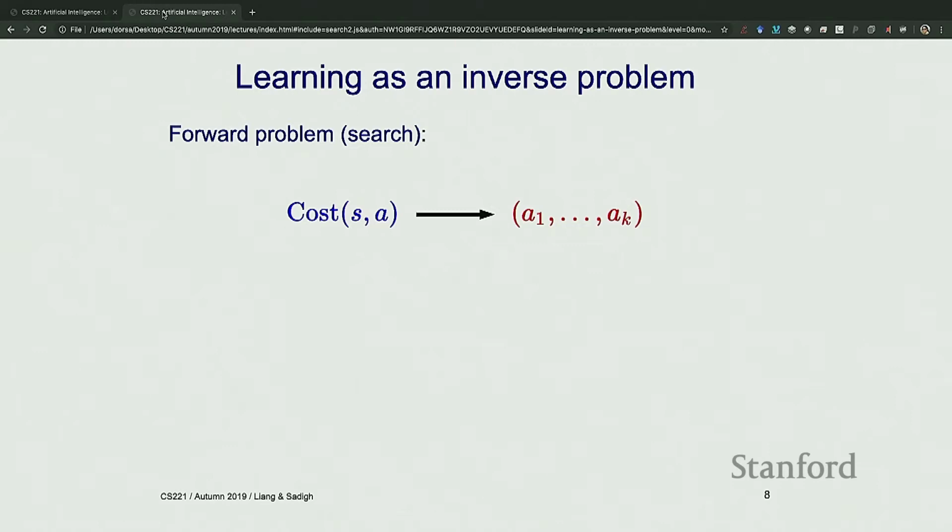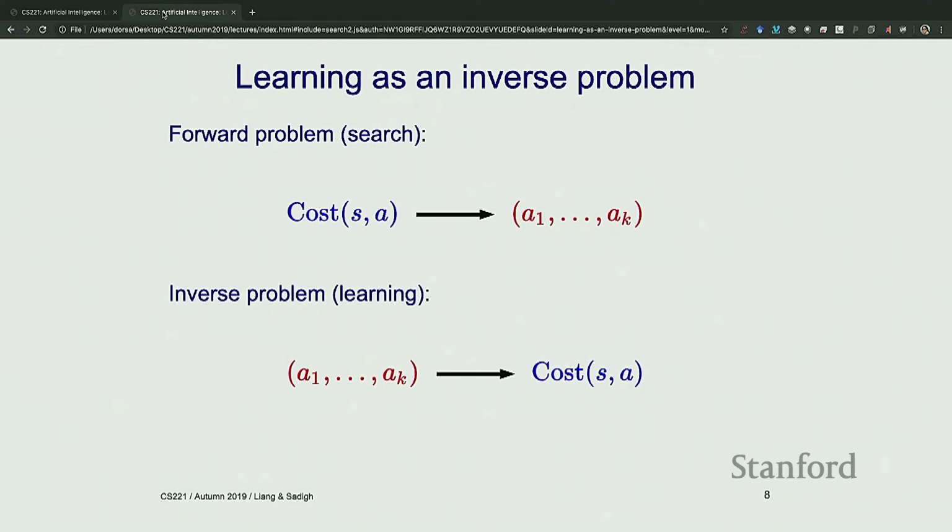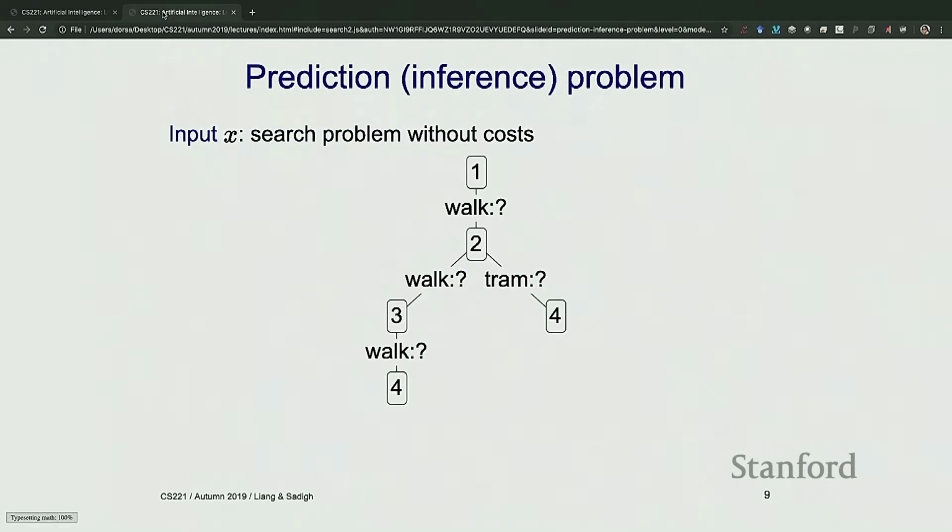It's interesting because learning, in some sense, is an inverse problem. It's the inverse of search. So the inverse of search is, if you give me that best sequence of actions that you've got, then can you figure out what the cost is? So you can think of learning as this inverse problem of search, and we are going to address that.